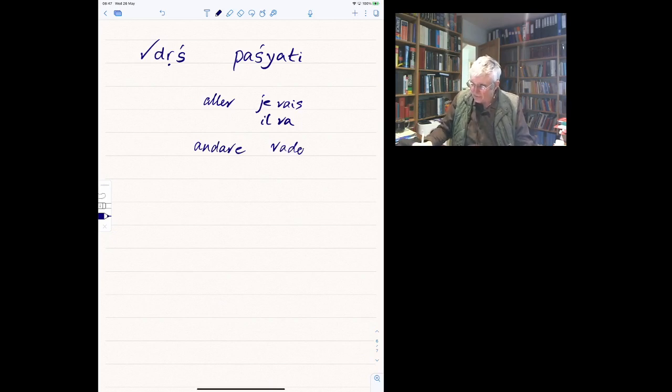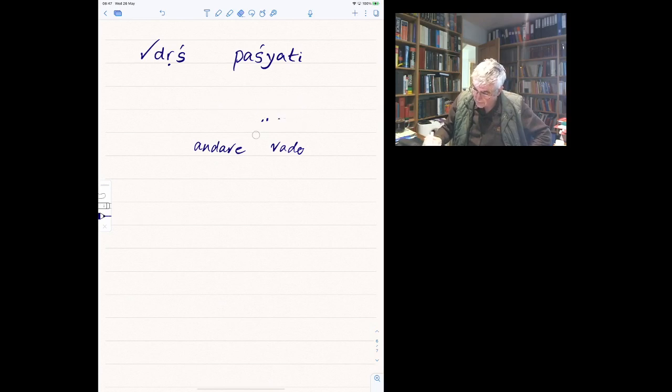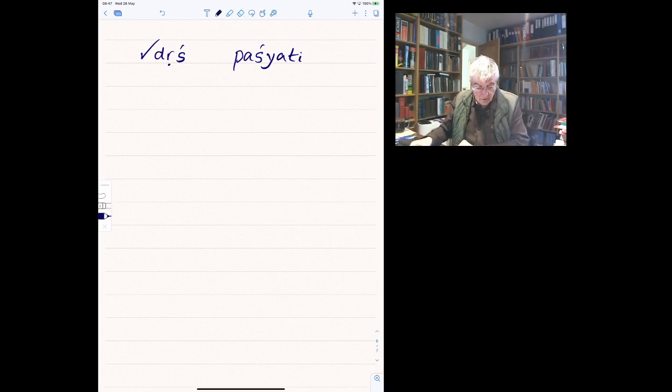So there are several verbs in our modern European languages, as well as Sanskrit, where you have actually two separate bases to form the conjugation of the verb. But don't worry, it doesn't happen much, and they're all quite common verbs, so you'll learn them pretty quickly as you go along.